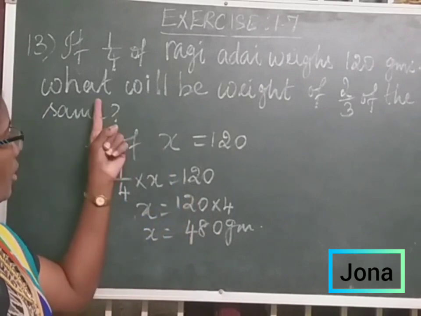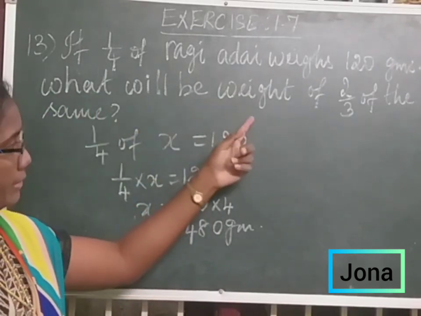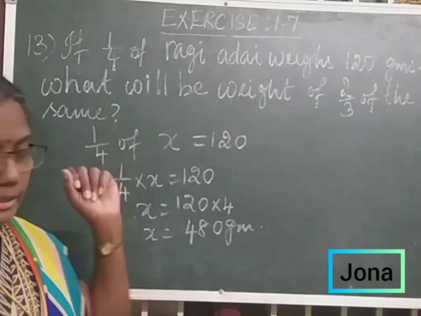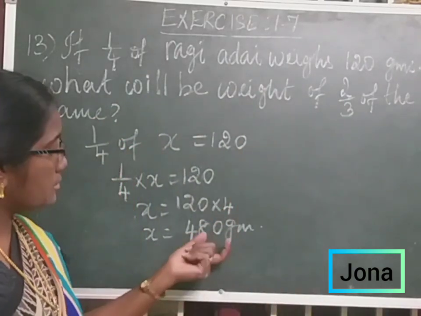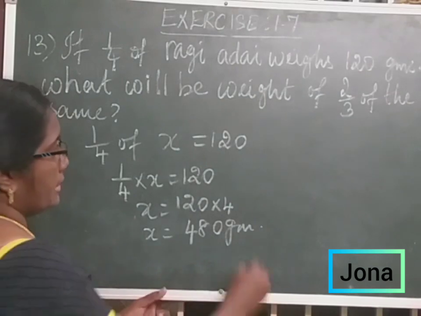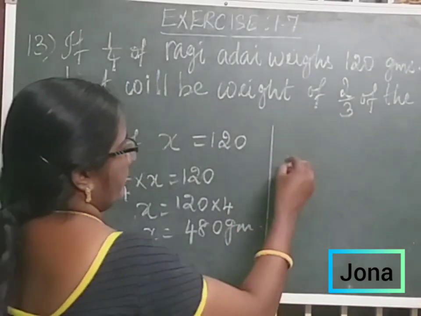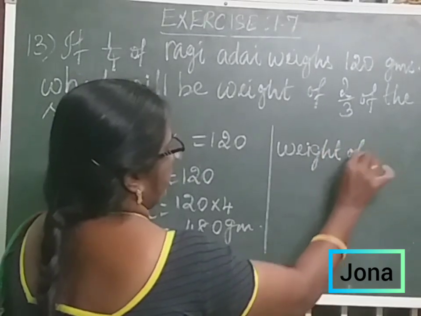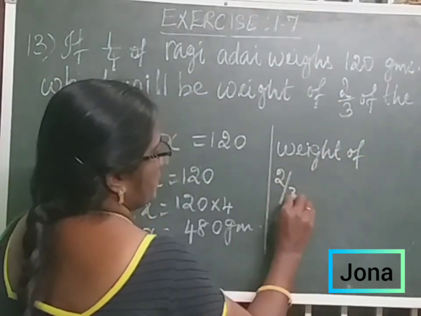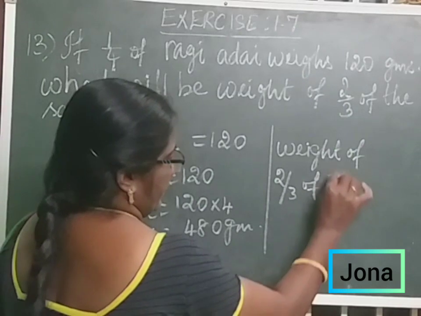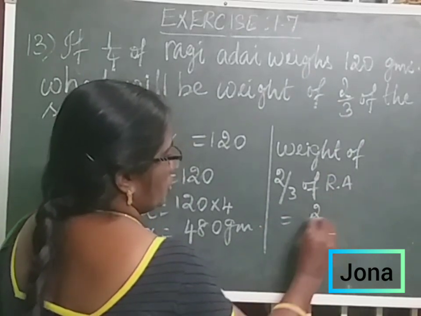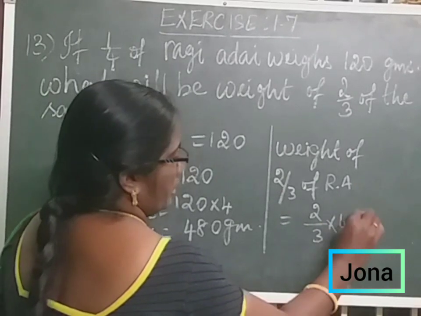But here we want to find what will be the weight of 2/3 of the ragi adai. We want to find the 2/3 of this 480 grams. So here we want to find the weight of 2/3 of ragi adai, equal to this 2/3 of 480.